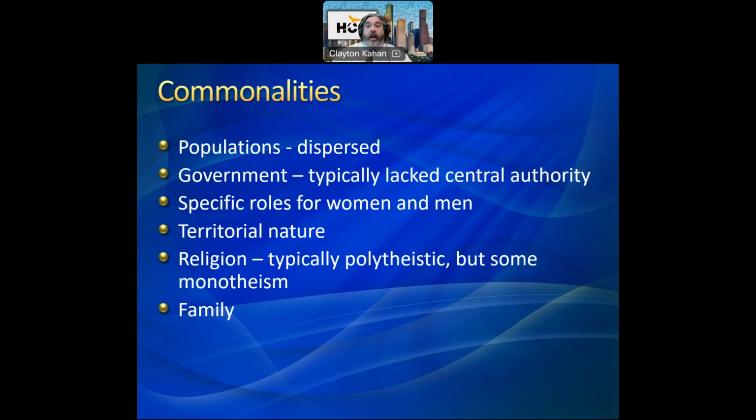Okay? Now, Native Americans, as I think I mentioned here, tended to be territorial in nature. They did not, to be clear about this, have a concept of individual land ownership. Rather, they lived on land that, as they saw it, had been bestowed upon them by their God.